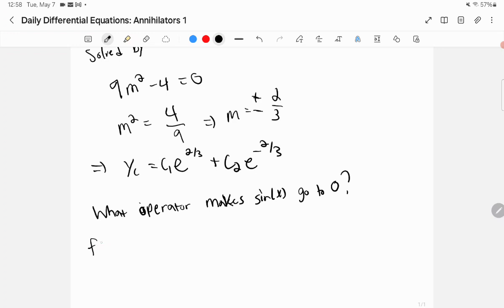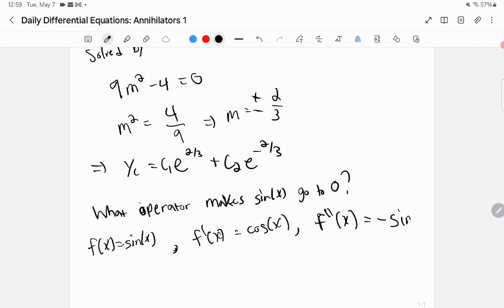So let f of x equal sine of x. Then we do know the following facts. f prime of x is equal to cosine of x. And that's not actually going to be too helpful with trying to eliminate sine of x, right? But what about f double prime of x? Negative sine of x.